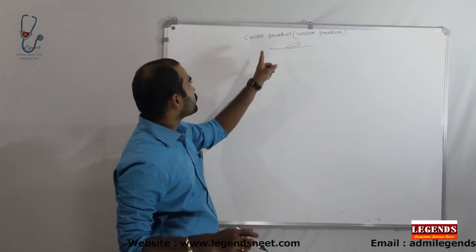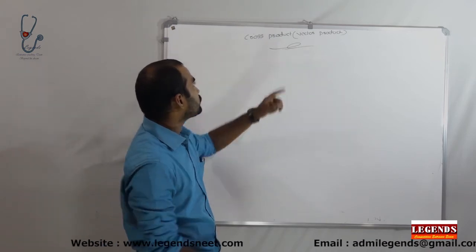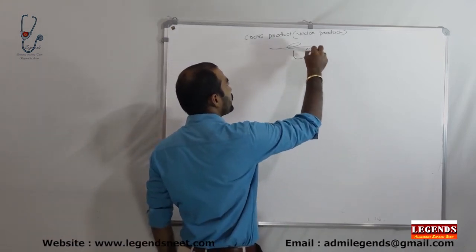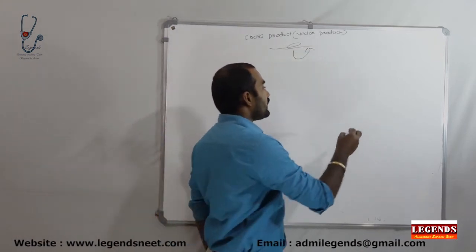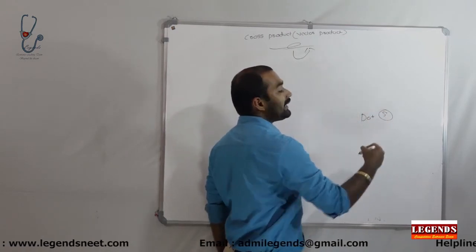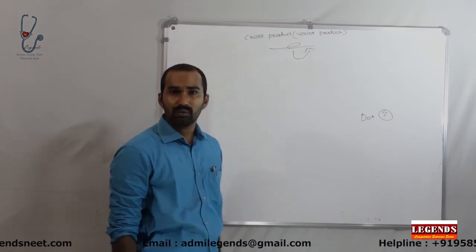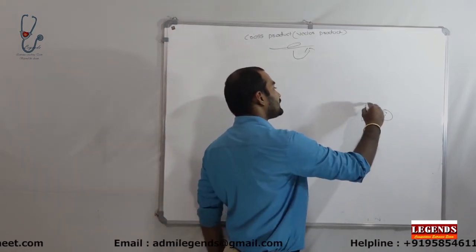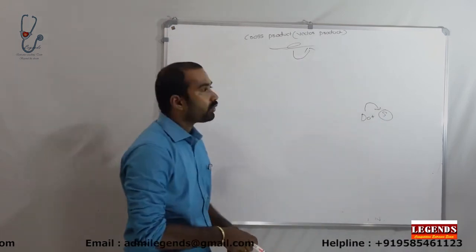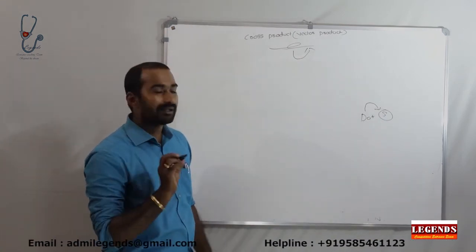What about the dot product? The dot product is otherwise known as the scalar product, because if we take the dot product of any two vectors, the resulting answer is always a number. In the case of the cross product, the resulting answer is always a vector.